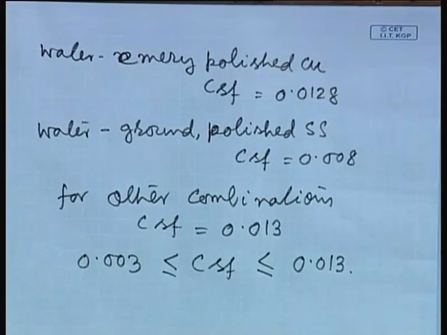But the discretion or the decision depends on you. You can take a decision depending on your design application. Okay. So, this is your Rosenow correlation.